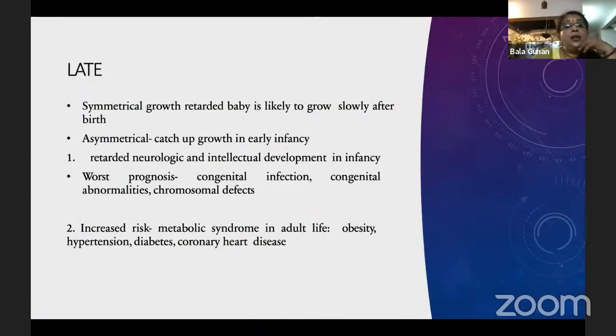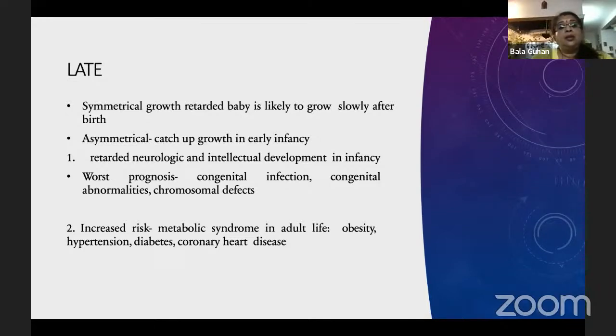The late complications include, in symmetrical IUGR babies, retarded neurological and intellectual development in infancy. In asymmetrical IUGR, there is catch-up growth in early infancy.